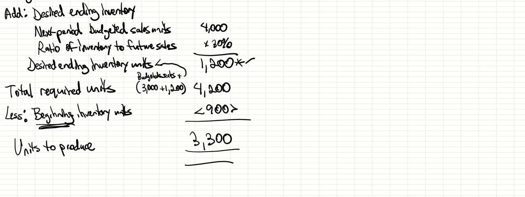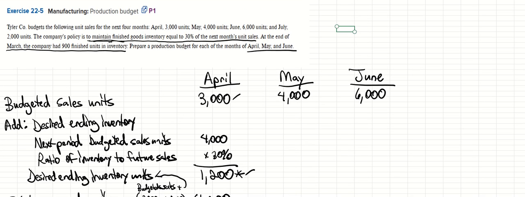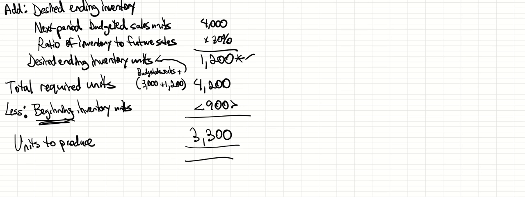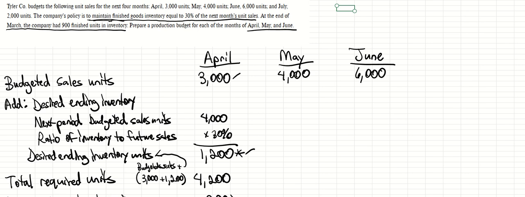Now, just to provide some clarity, the reason why is because at the end of March, the ending inventory came out to be 900 units that were finished. So the 900 units that was shown at the end of March carried over into the beginning period of April, which is why it's listed as beginning inventory units for the month of April.